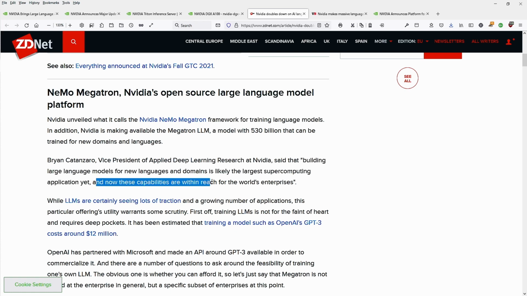And now these capabilities are within reach for the world's enterprises. Well, depending on if you're a very, very successful world enterprise, if you're a global player, I hope for you that you can afford this.